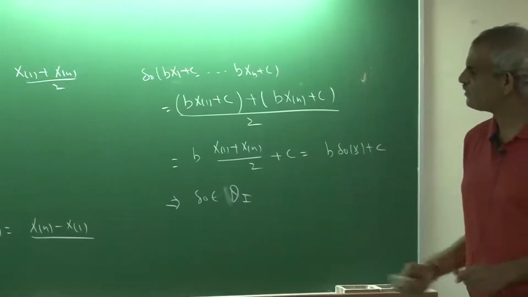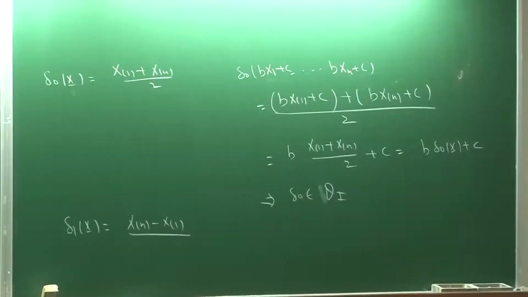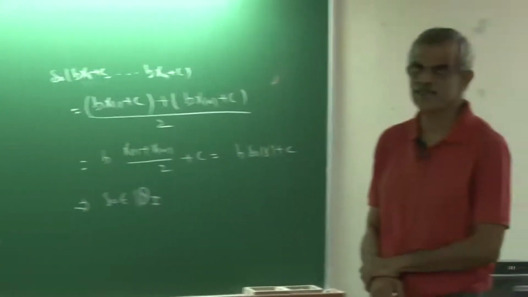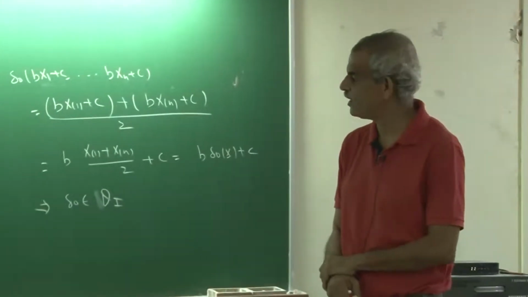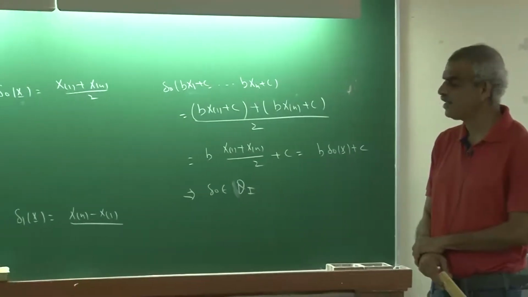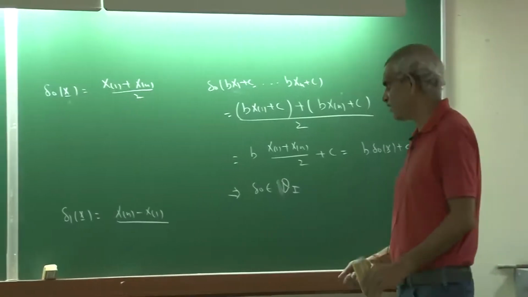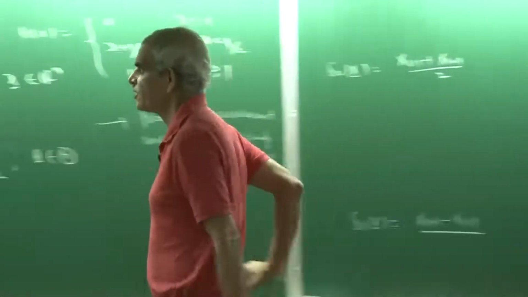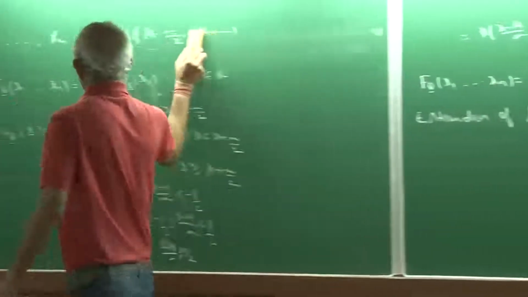Now what I need to see is whether delta 1 satisfies the property of an affine invariant estimator of sigma, which is equivalent to saying whether delta 1 of (bx1 plus c, bxn plus c) is the same as b times delta 1 of (x1, x2, xn) or not. So let us see that.